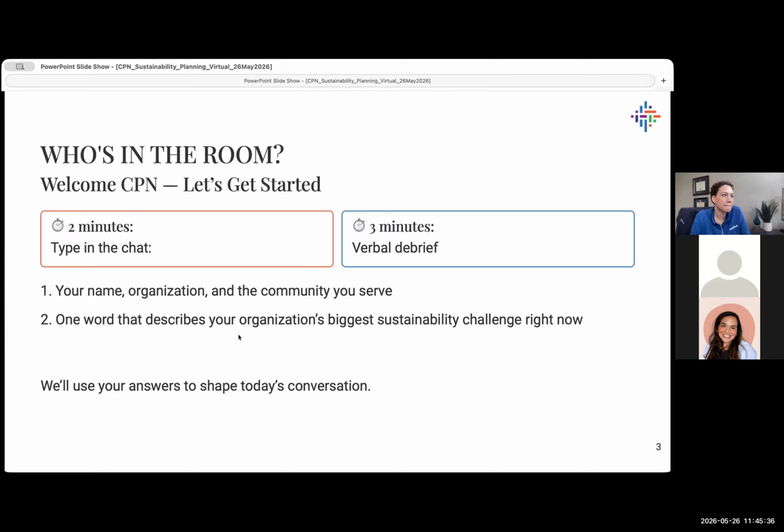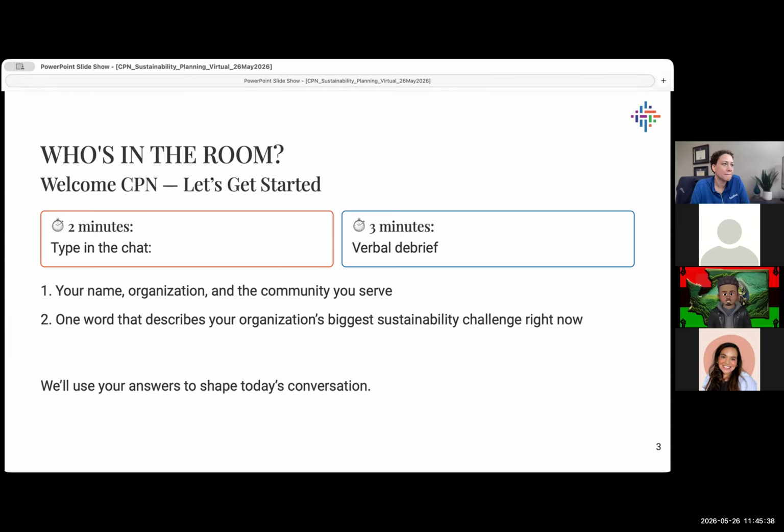Yes, thank you. So it says one word that describes your organization's biggest sustainability challenge right now. And I believe that the sustainability challenge would be systems adoption for community governance. Okay. Community governance of the research, or?